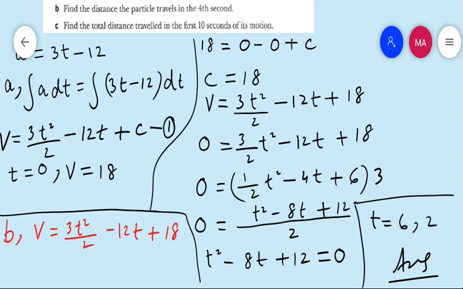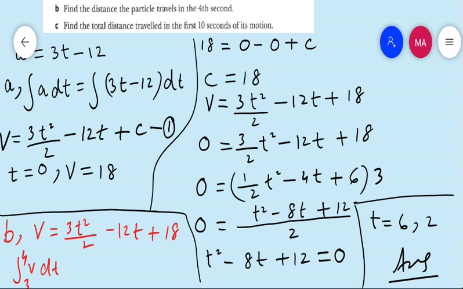So how to find the distance? We should integrate the velocity, but the main point is to find the distance the particle travels in the 4th second. There are two ways. First is to integrate and then find s4 minus s3, or you can integrate v and apply the limit from 3 to 4, because the 4th second means the particle going from 3 seconds to 4 seconds.